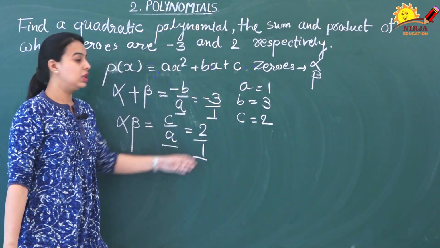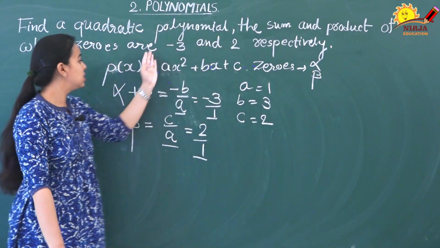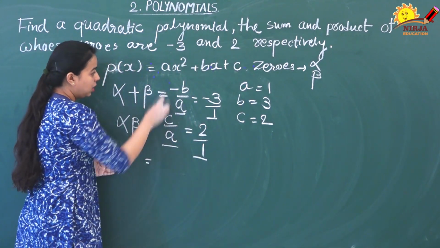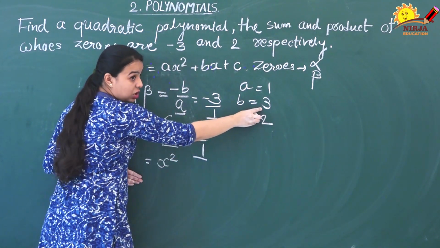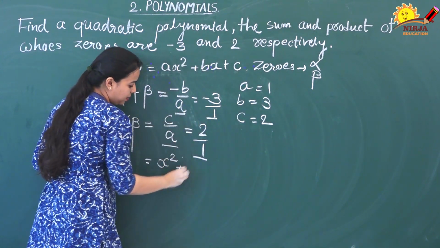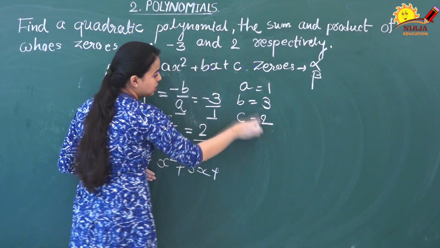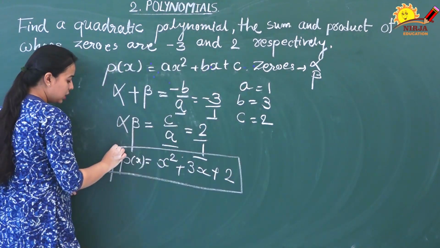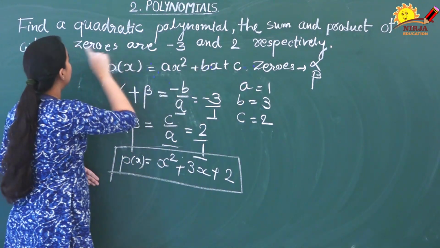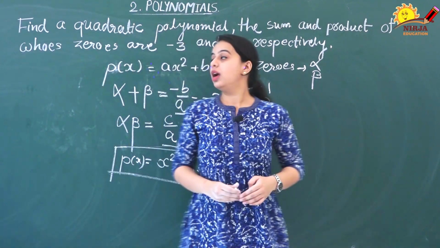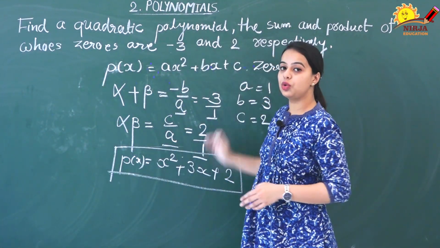Now let's put these values of a, b and c in this polynomial. a is equal to 1, that means x square. In place of b we write 3, so plus 3x, plus c which is 2. So here we got the polynomial, the sum of whose zeros is minus 3 and product is 2 respectively.